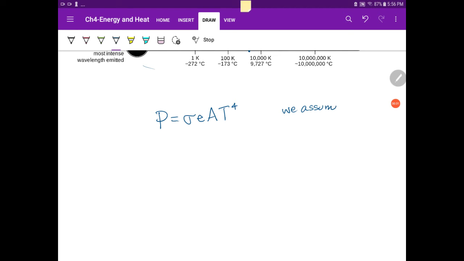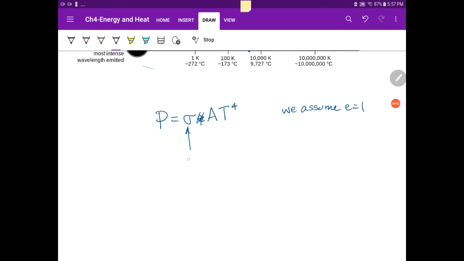That just says that the amount of light that gets absorbed by an object at a particular temperature gets re-emitted 100%. So it's an efficiency number, and when it's 100%, it's 1. So you can just ignore the E. We're not ever going to use the E.